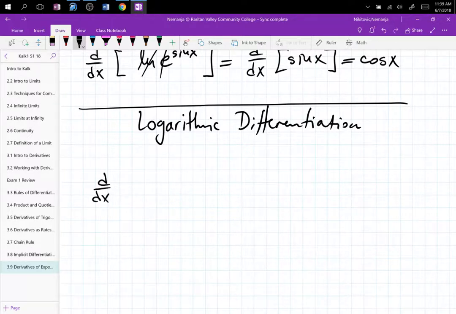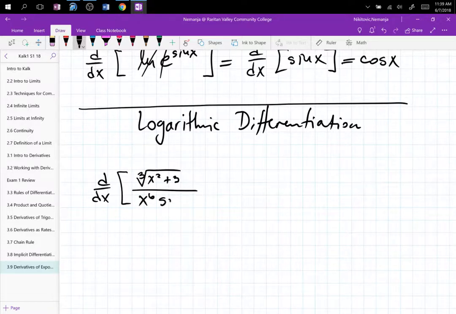Say the question is to take the derivative of cube root of x squared plus 3 divided by x to the 6 sine x, right? Or even better, sine squared x. How about that?